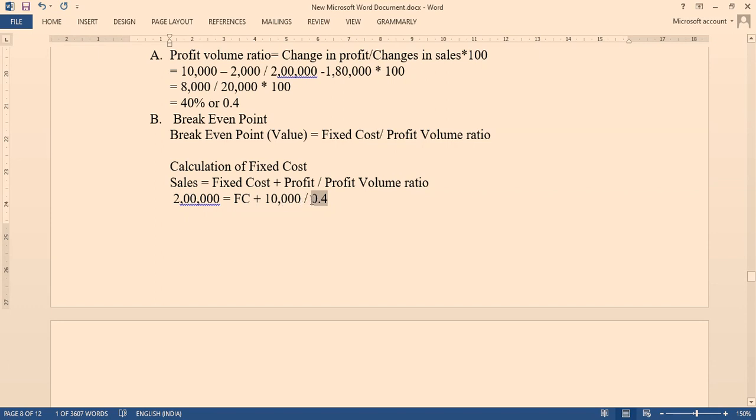Now it is coming as divide, so if we transfer it to the other side, we get multiplication. 2 lakh into 0.4 equals fixed cost plus 10,000.